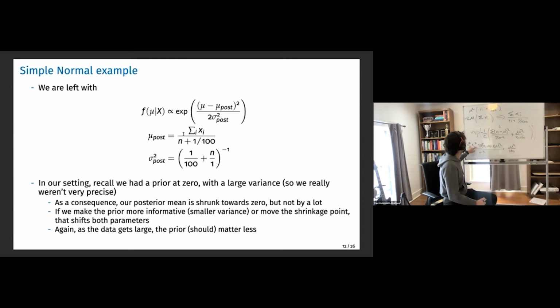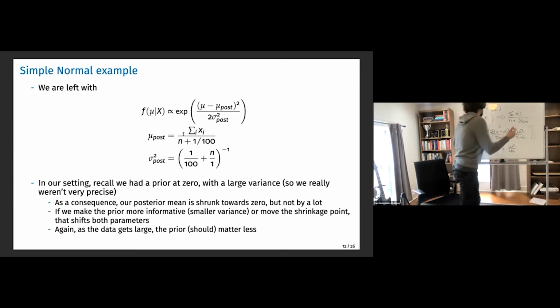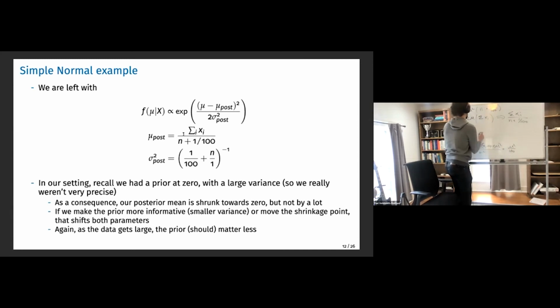And so all we need to do is add and subtract terms so that what we are finally left with is mu minus the sum of the xi over n plus 1 over 100, squared.